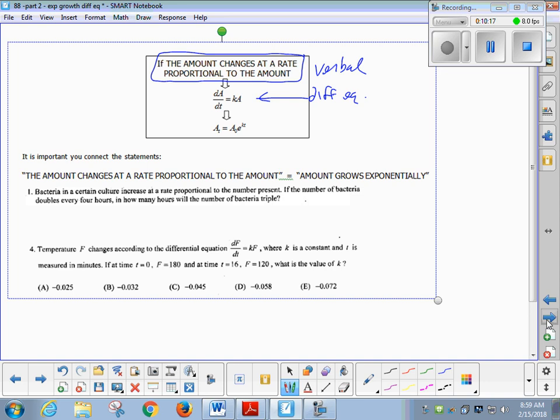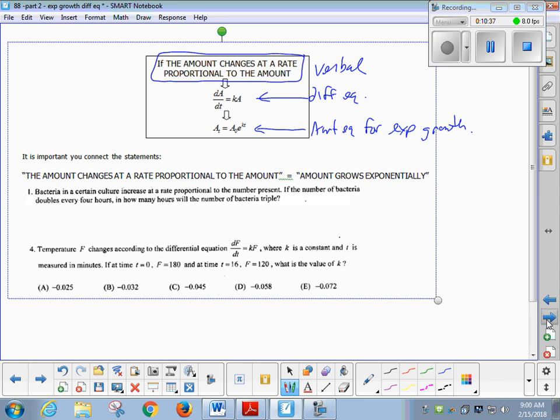But if we separate the variables and integrate, where that actually ends up is the exponential growth equation. The amount is equal to the initial amount times the growth factor e to the kt. The amount equation for exponential growth, or decay.